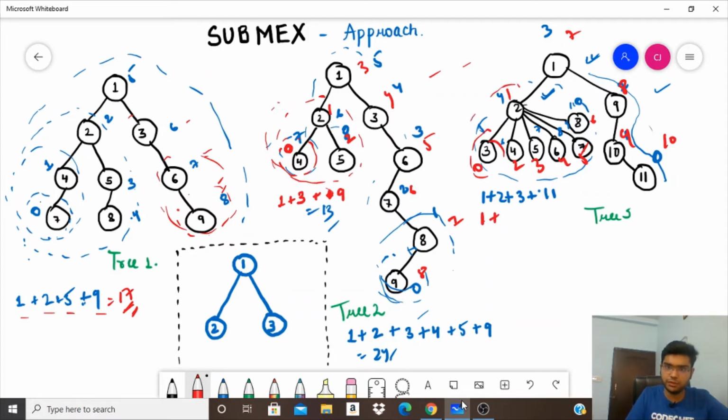For this particular whole tree, what is the max that we are getting? So we have nodes till 6, values from 0 till 6, so 7. And for this whole tree, the value is 11, right? So we can see in this particular case that this particular answer will be greater than this answer, obviously, right? So here we are getting 6 plus 11, that is 17, and here we are getting 19, right? So this answer is greater.